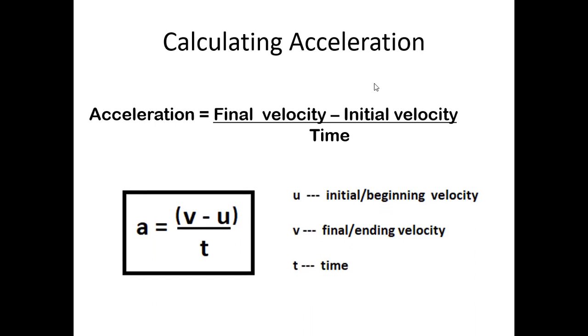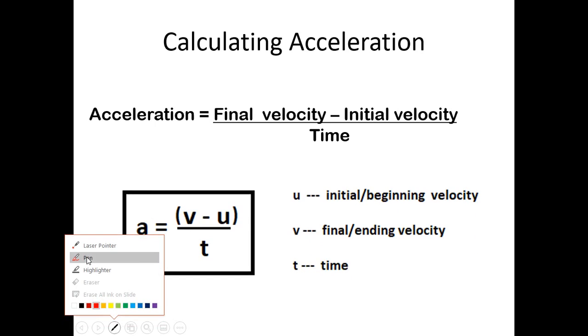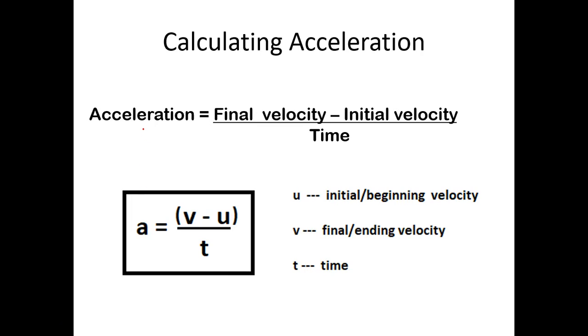In simple terms, here goes your formula, where A stands for acceleration, V stands for your final velocity, U stands for your initial velocity, and T stands for your time.